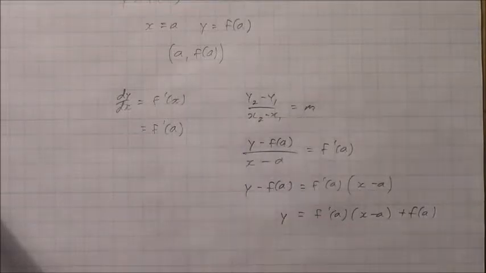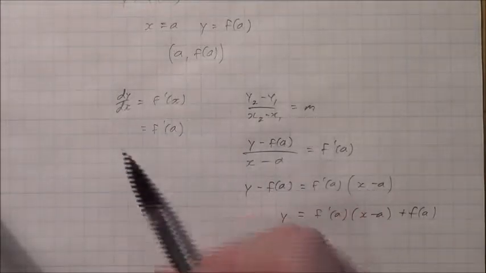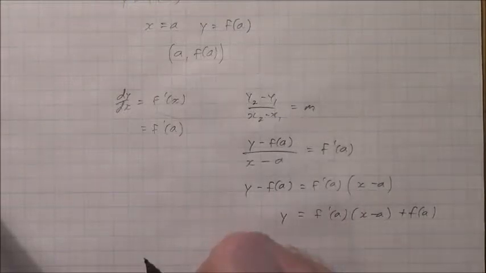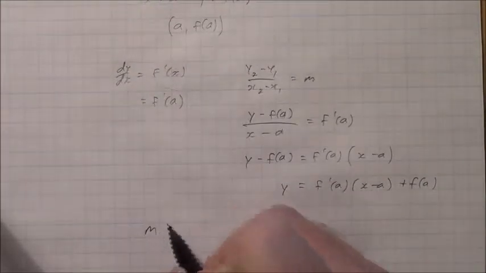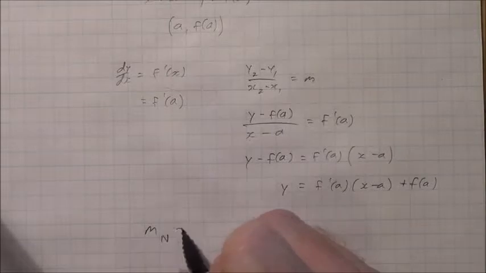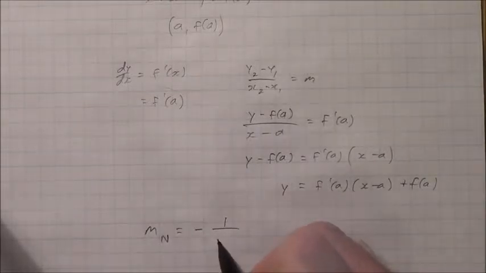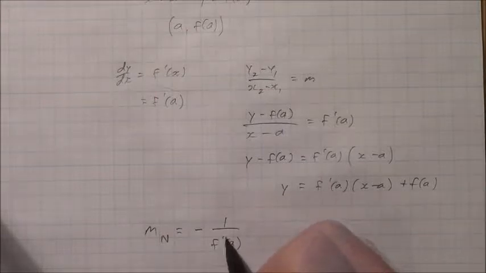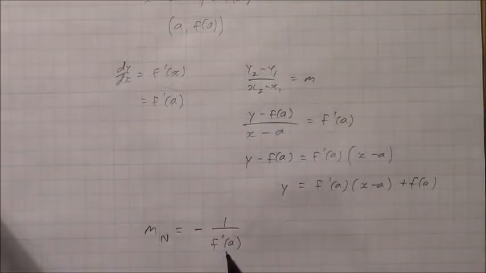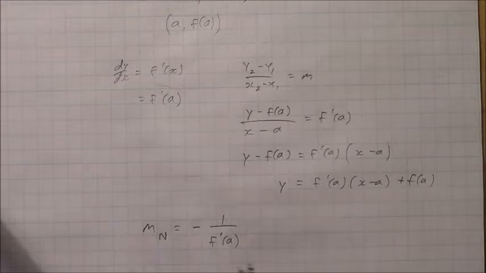So if the gradient is f prime of a, then the gradient of the normal is going to be the negative reciprocal of f prime of a. Okay, so that is how we find the normal to a curve at the point of tangency.